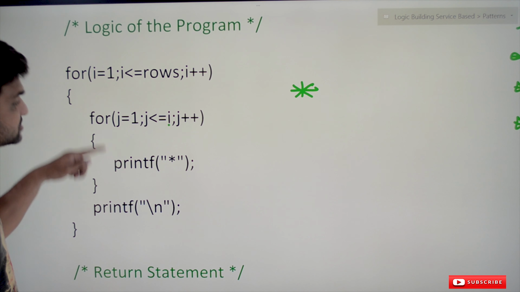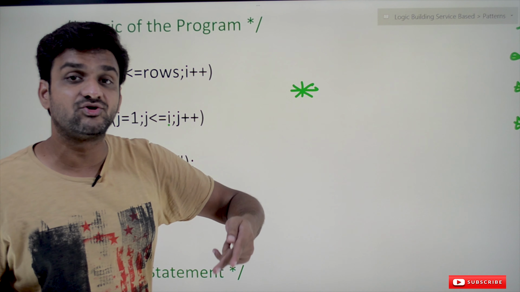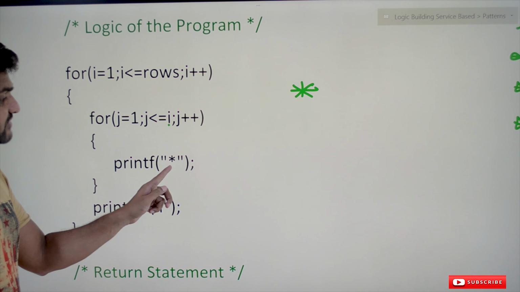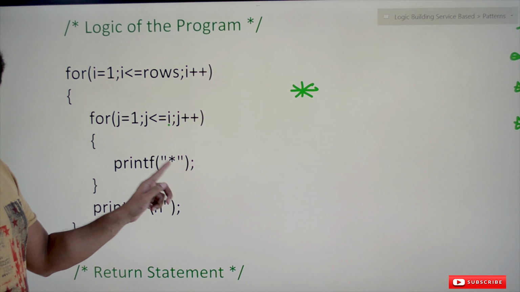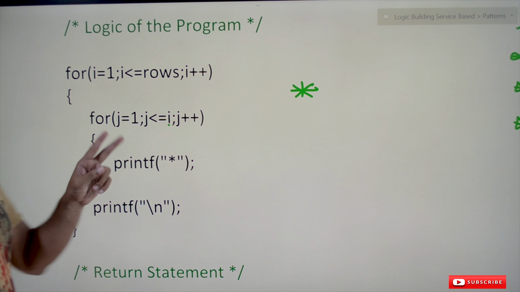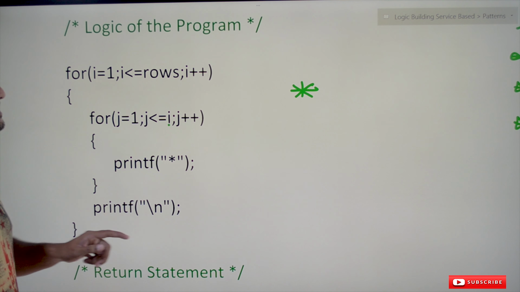Because we are in the second row, this will get iterated 2 times, and in every iteration it is going to print a star.